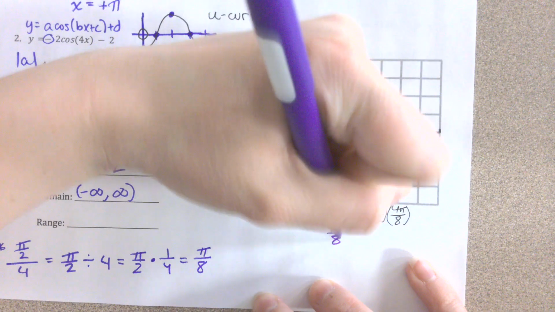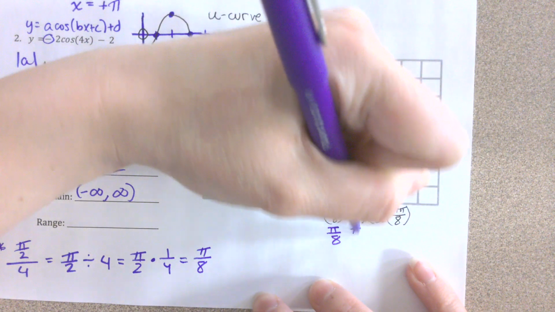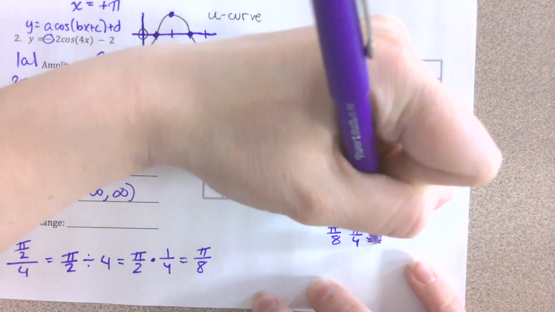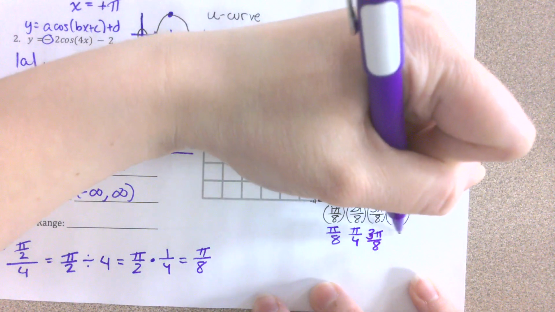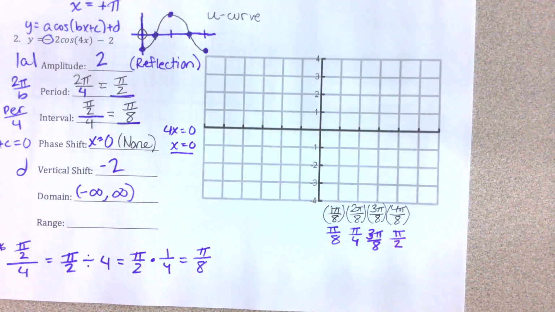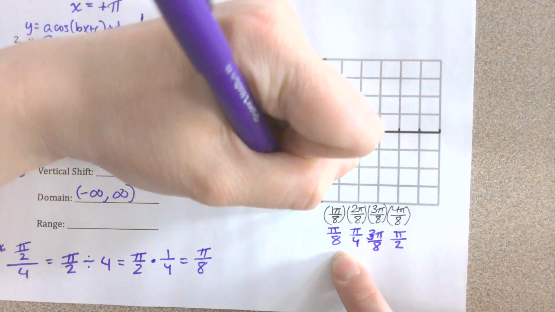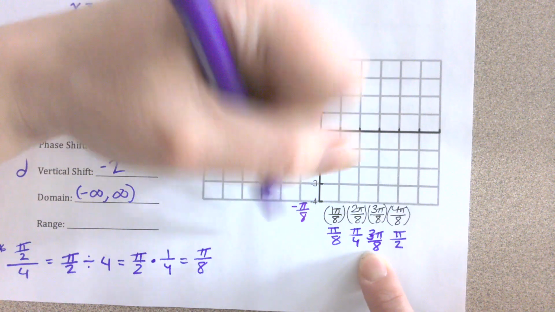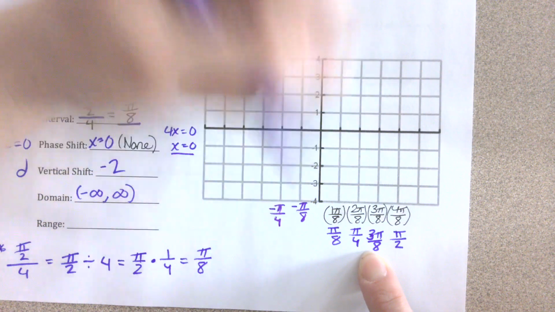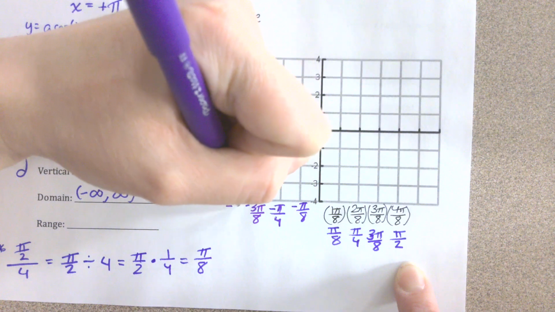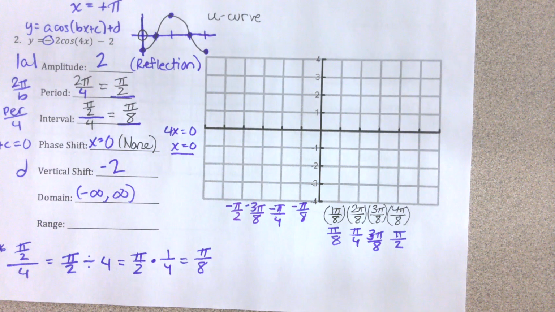We'll just say pi over 8 here. This reduces to pi over 4. 3 pi over 8 does not reduce. 4 pi over 8 is 1/2, so pi over 2. Negatives, repeat the numbers but put a negative on them. Negative pi over 8, negative pi over 4, negative 3 pi over 8, negative pi over 2.